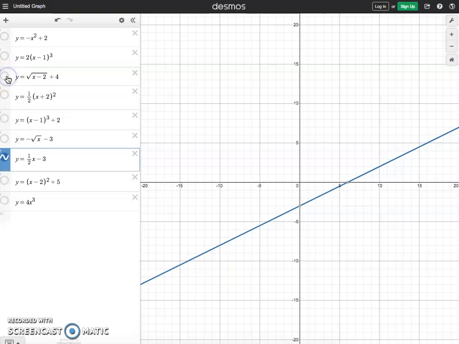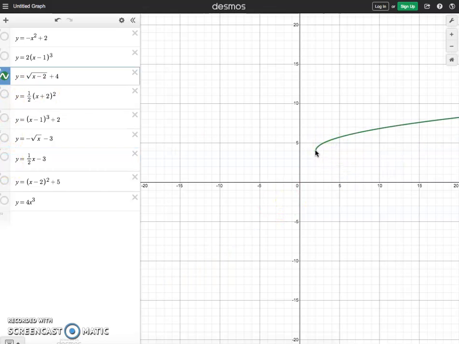How about we take a look at this equation right here? This is number 35 on your quiz review. Now, this is a square root function. The square root function has a clear starting point at (2, 4), and it will extend in this direction forever. When you're writing domain and range, remember, domain must be written left to right.